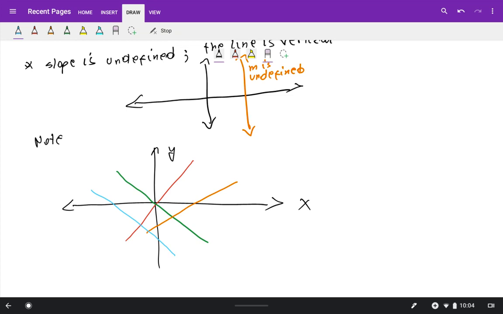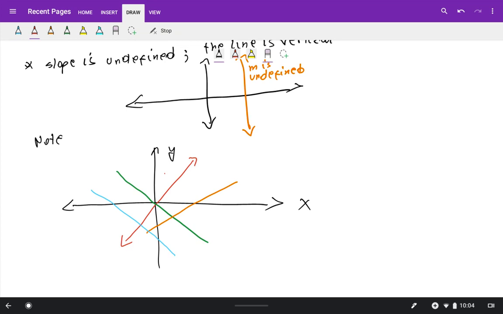So first of all, how are you going to know? Let's talk about the line which is in red. You see the line which is in red, that line is pretty steep.